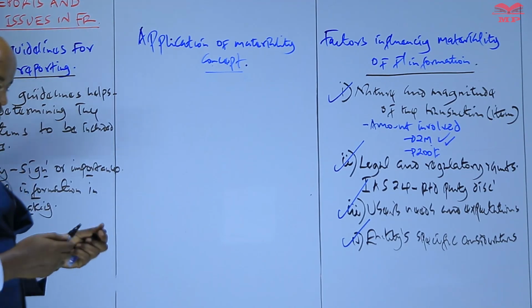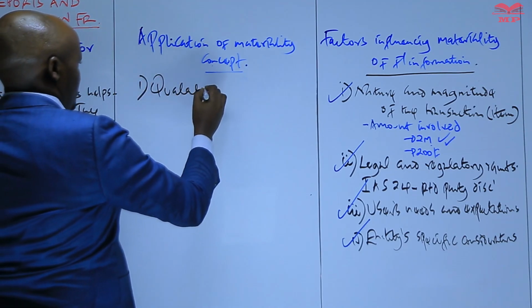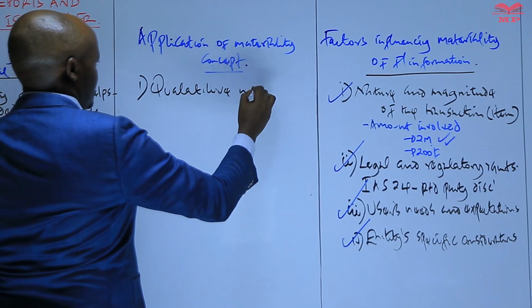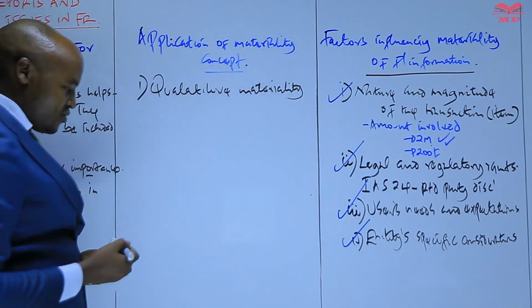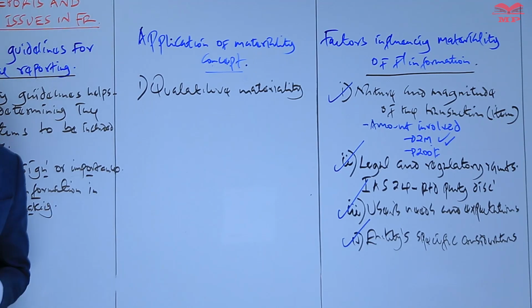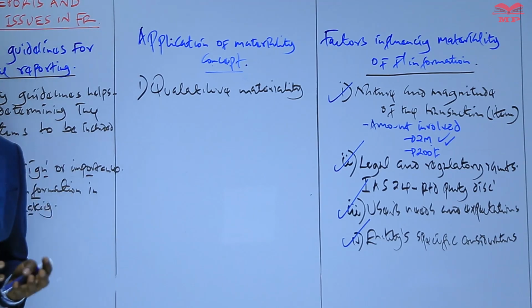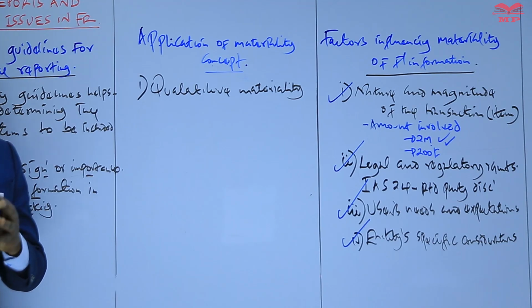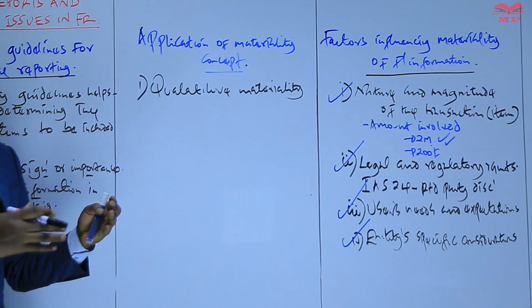Number one, you can talk of qualitative materiality. When we talk about qualitative materiality, this entails determining whether financial information is material or not by looking at the impact of that particular information on the decision to be made by the users.